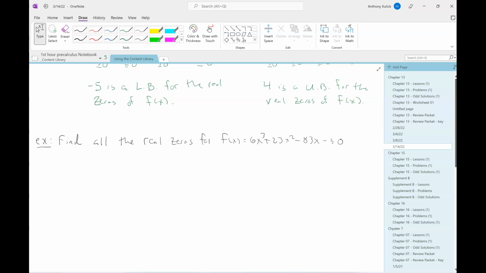Okay, so we're going to find all the possible real zeros for this f of x.